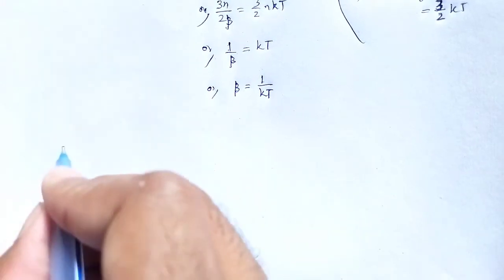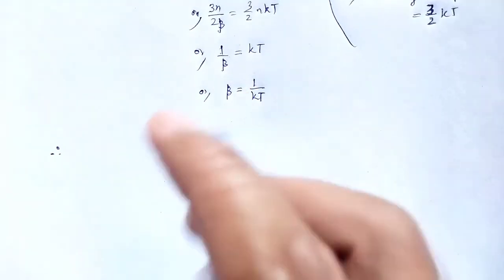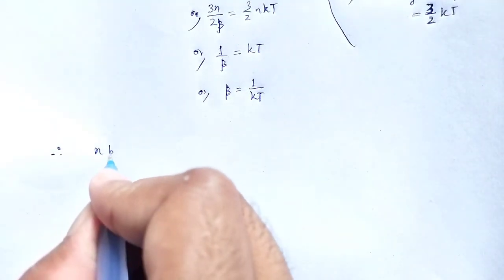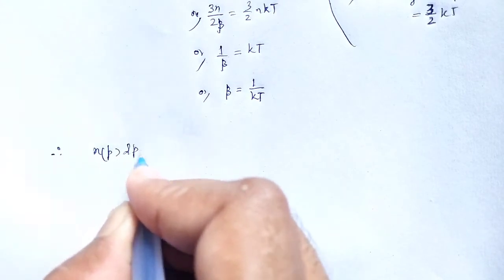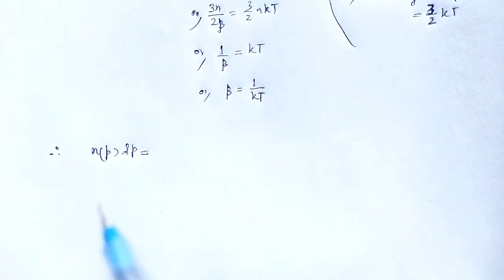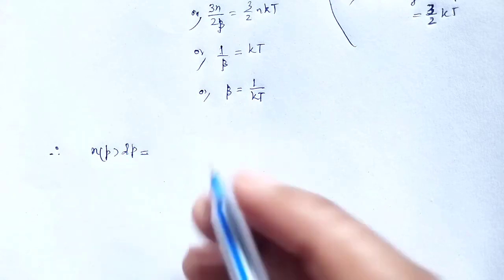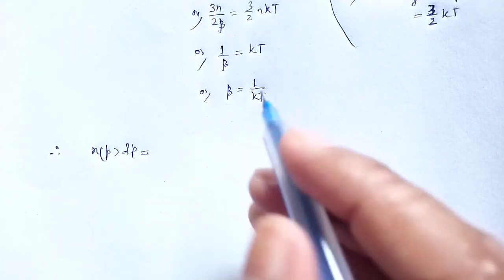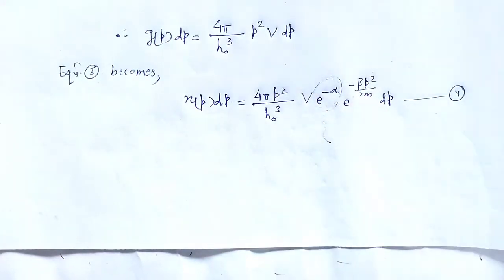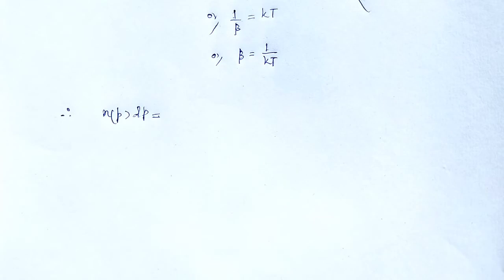therefore np dp means the number of molecules in the momentum range p to p plus dp. We just put the value of e to the power minus alpha and beta, as we derived the two constants.